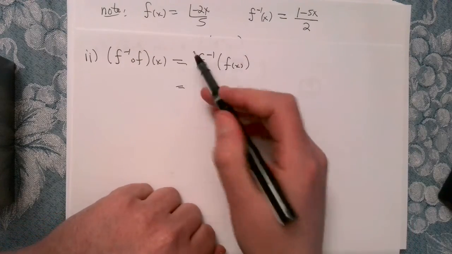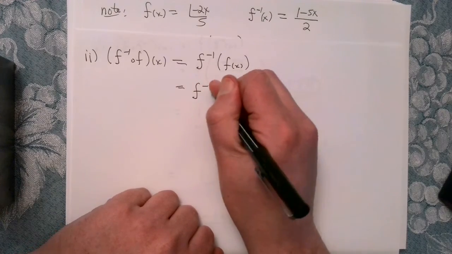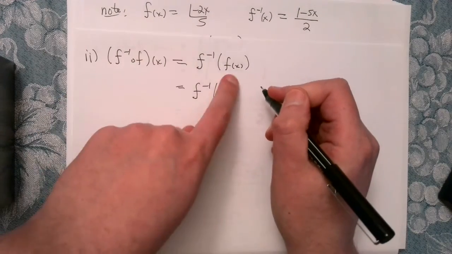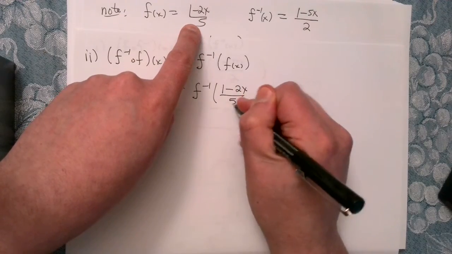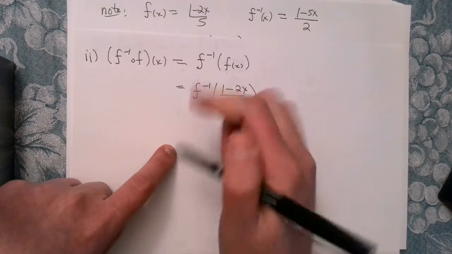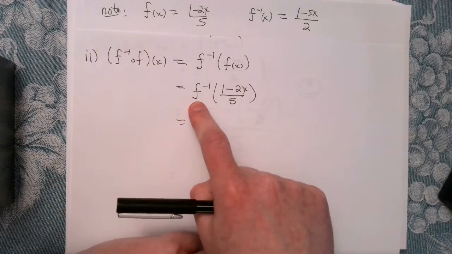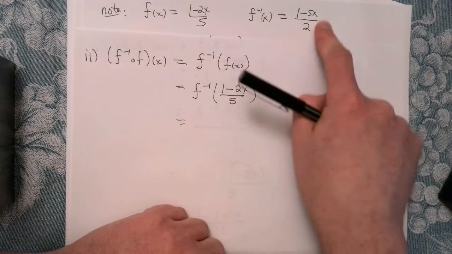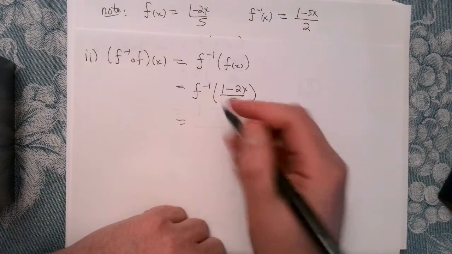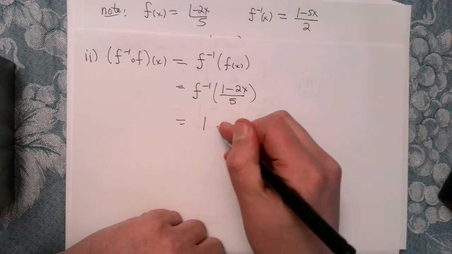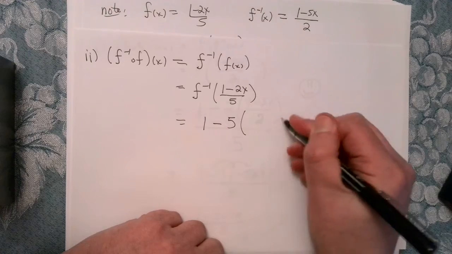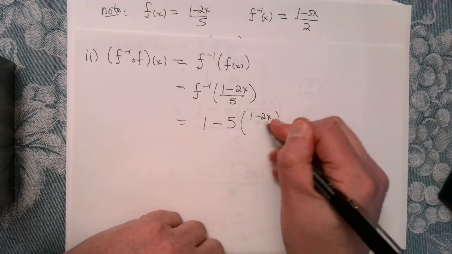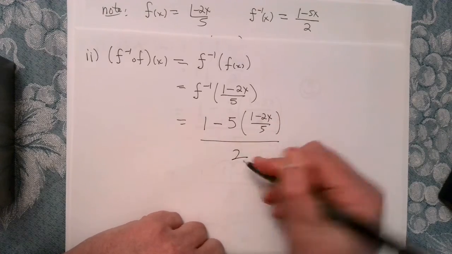Okay, so how do I compute this? It's f inverse of, well, f is this, so it's 1 minus 2x over 5. How do I interpret this? I go to the function, and everywhere I see an x, I plug in a copy of this. Hopefully correctly, fingers crossed. So 1 minus 5 times, well, this is playing the role of our x, all over 2.